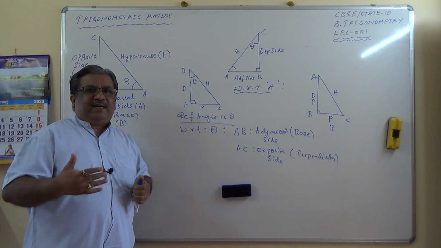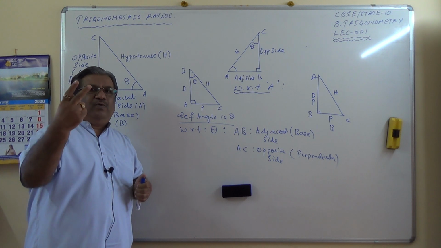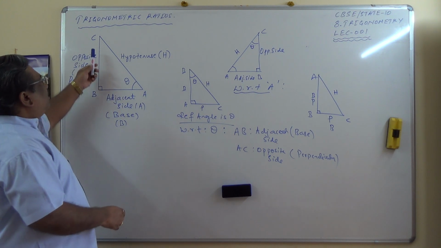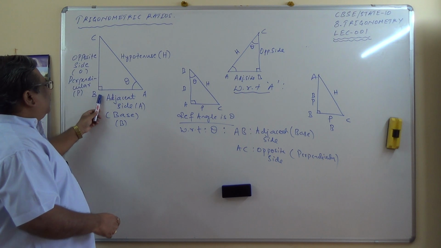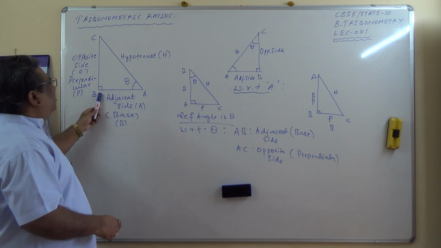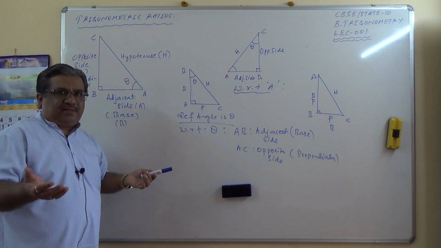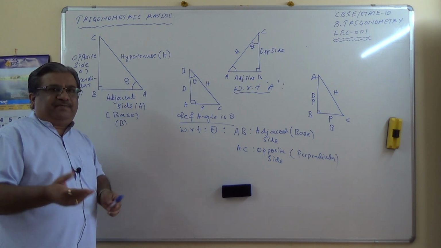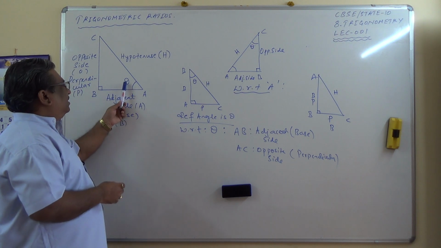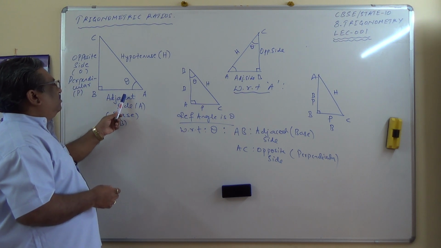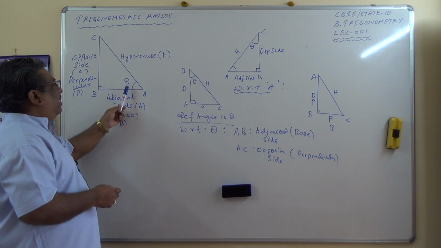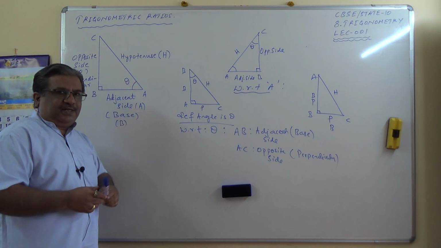What are those reference angles? In a right triangle, there are only two reference angles. Those are the acute angles. If this is the right triangle with the right angle over here, this angle and this angle are the reference angles. Any one of them can be a reference angle. If the reference angle is fixed, then adjacent to the reference angle is the adjacent side, opposite to the reference angle is the opposite side.